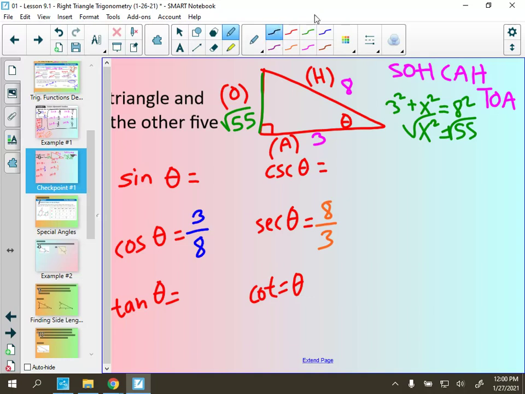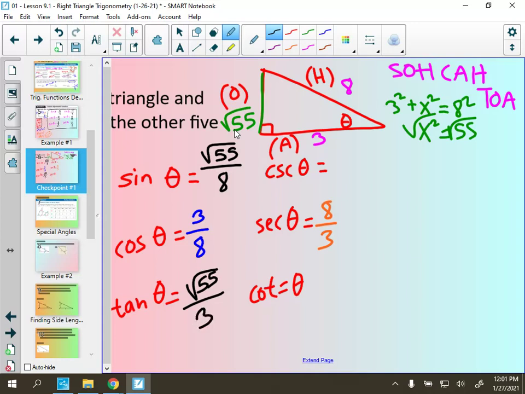All right, go to my SOHCAHTOA. Sine, right? That's the first one we got to answer. Sine of an angle is equal to the opposite length, which we just found, over the hypotenuse length, which we already knew, or we kind of got on the triangle where it went. Let's do tangent right away. Tangent is equal to the opposite length, square root of 55, the one that we just found, over the adjacent length, which we know is 3.